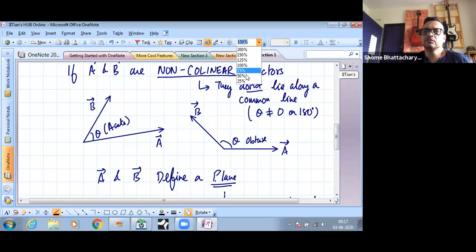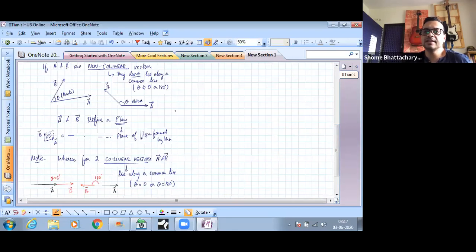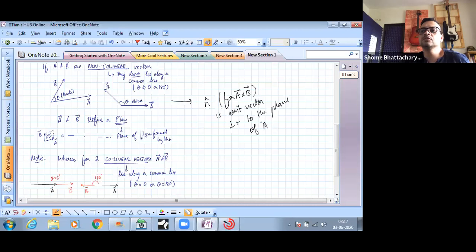So we will see that when this is the case, then n cap will not be defined. For such a case, n cap for A cross B is the unit vector perpendicular to the plane of A and B, that unique plane of A and B. And we'll see in this kind of case, n cap does not exist.